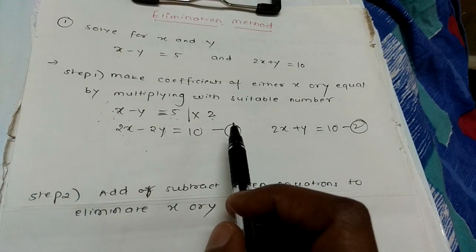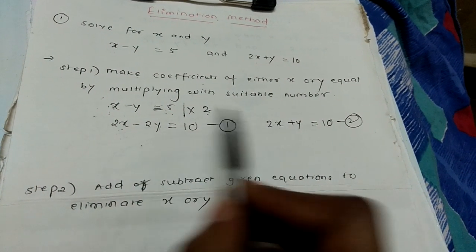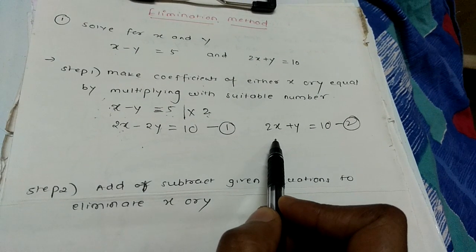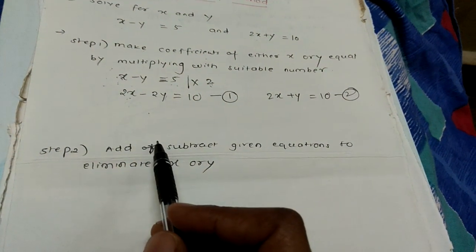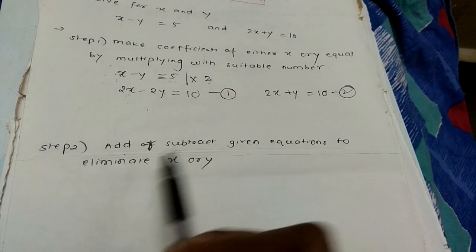Now you have to eliminate one of the variables. The one whose coefficient you have made the same, that only you have to eliminate. It will be easy. So how to eliminate this? Either add or subtract the given equations to eliminate x or y.